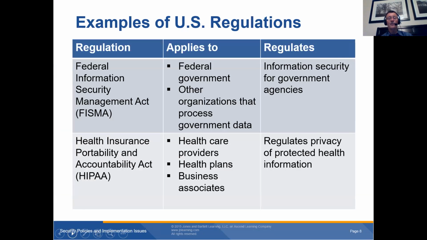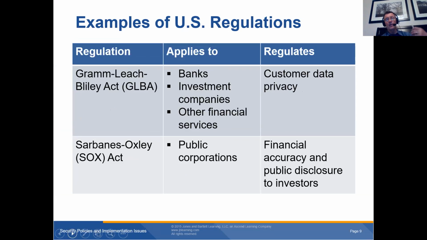So some examples of regulations: we've got HIPAA for our healthcare data. We've got FISMA, which is the Federal Information Security Management Act. It applies to government organizations and it regulates information security for government agencies. We know that we have things like Sarbanes-Oxley, which deals with public corporations.